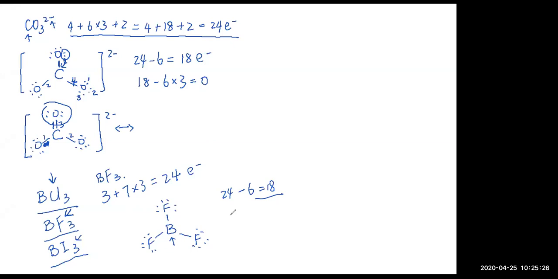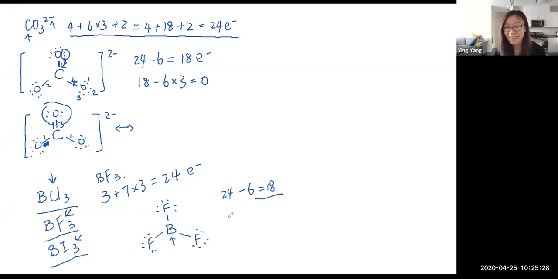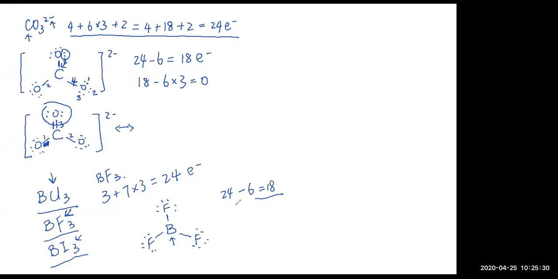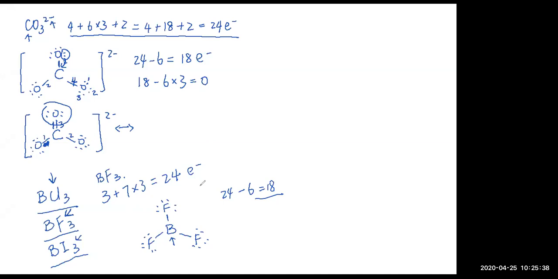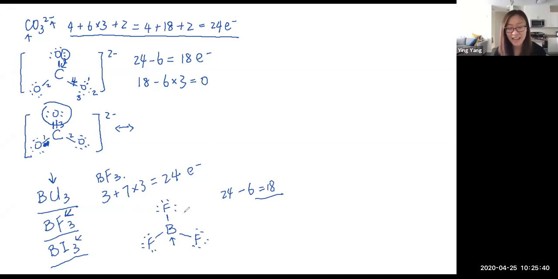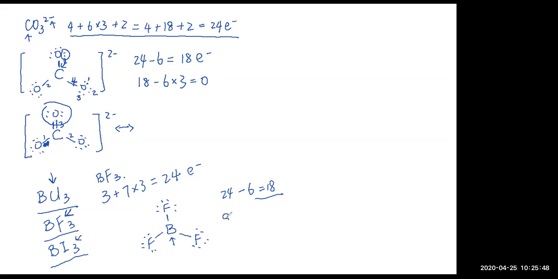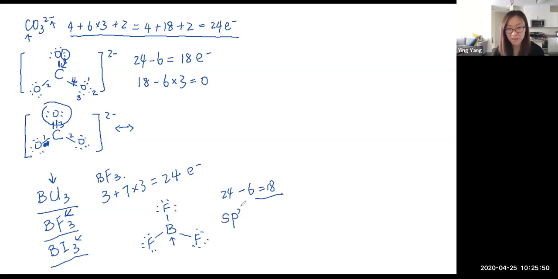It's trigonal planar. And its molecular geometry and electron domain geometry are both planar, they're the same. And what would be the hybridization for boron? That would be sp2.